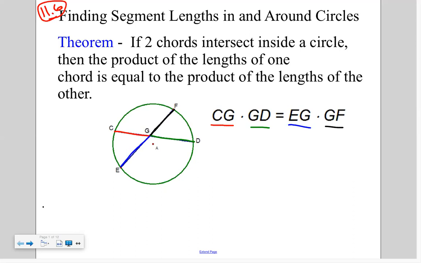No matter how you draw the chords, you could have one chord that is the diameter length, and another chord that's really small, and the products would still be the same. The reason being, if you take a long chord and then a real small chord, the product of the longer chord is going to be a really small number times a bigger number, whereas the smaller chord's numbers are going to be bigger than that really small number in the long chord.